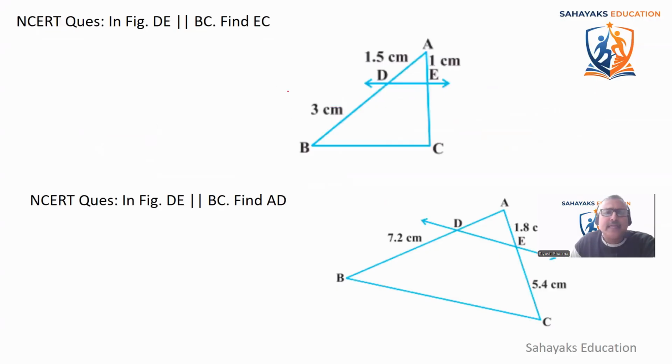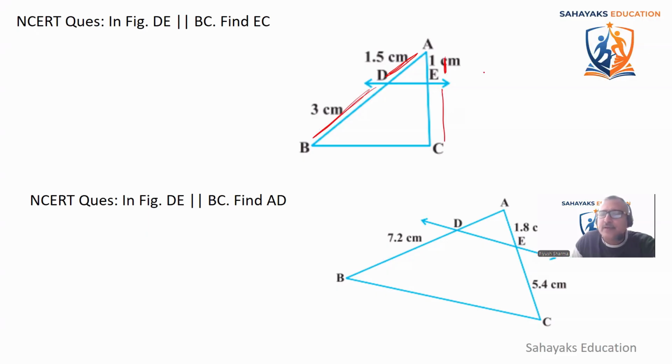Okay, in the figure, DE is parallel to BC. We have to find EC. We know that when the line is parallel, AD divided by DB is equal to AE divided by EC.